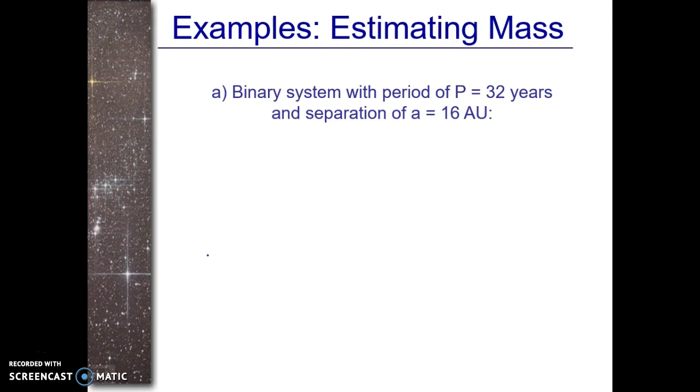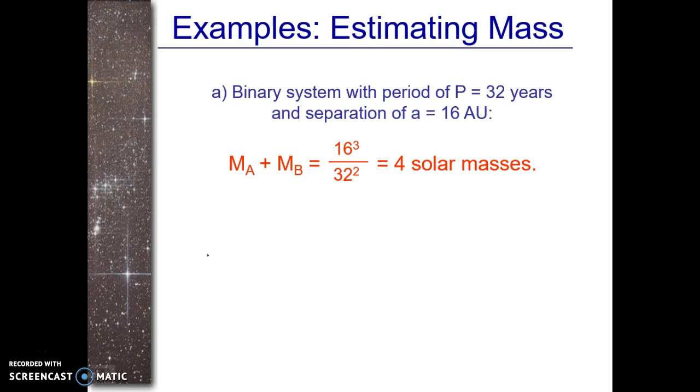What you're looking for is MA plus MB. You don't really want to know the mass of A and the mass of B, unless they ask that later. So MA plus MB would be equal to 16 cubed over 32 squared. Remember, 16 is a, the distance in astronomical units, so we cube that.